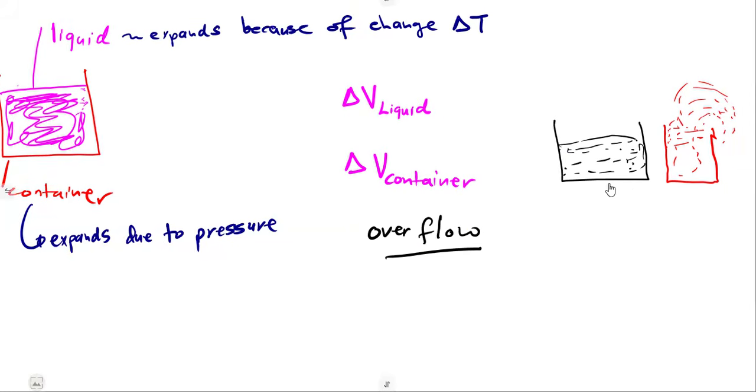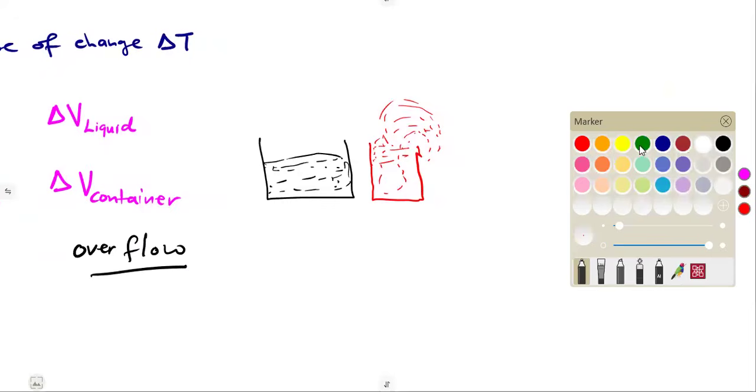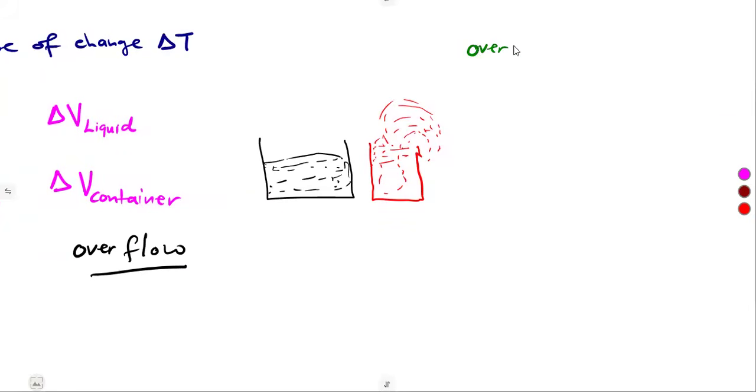So what can we actually say about an overflow? If we are to consider this, like I said, I was going to talk about this, but let's consider the overflow. The formulas, guys, I'm going to write those. They are the ones that we used for volume. They're not going to change. So let's consider what is important on this part. The overflow, if we go back to the container as it is right now, originally as it is, the container has its volume or its capacity, what it can carry.